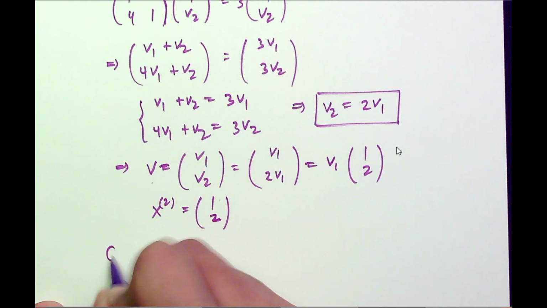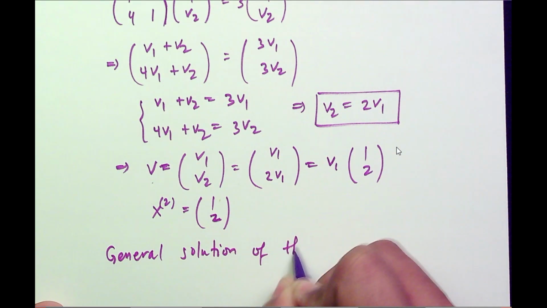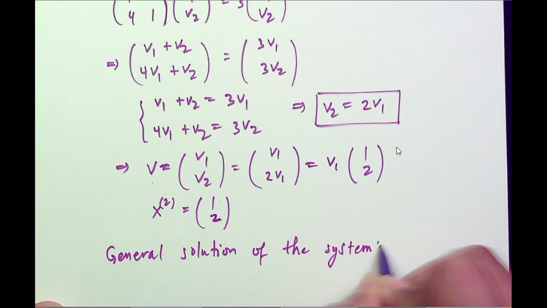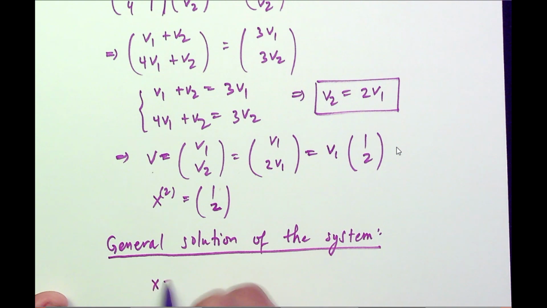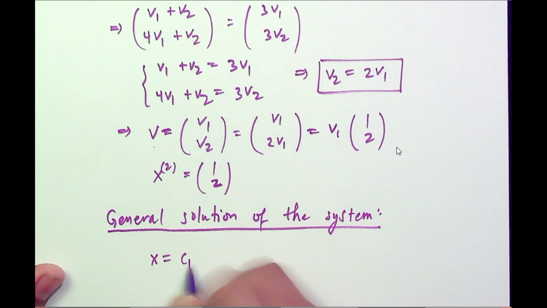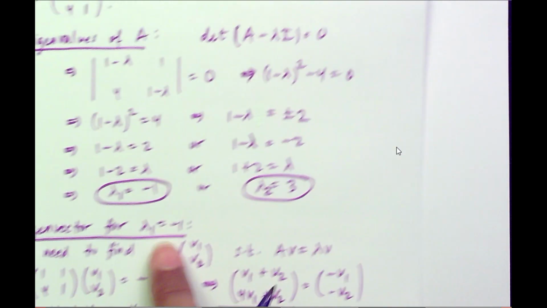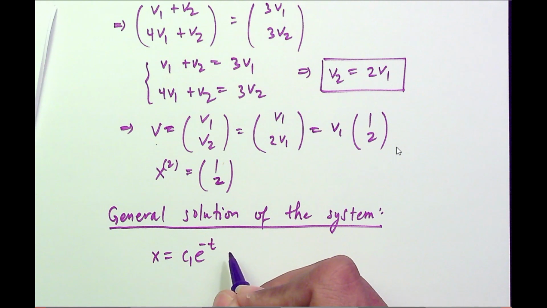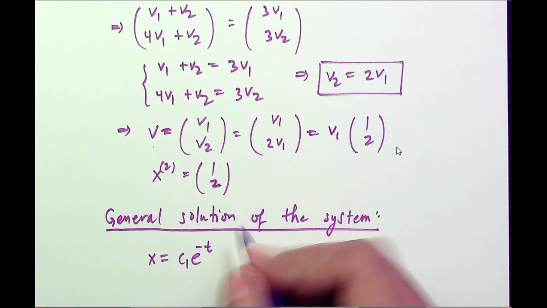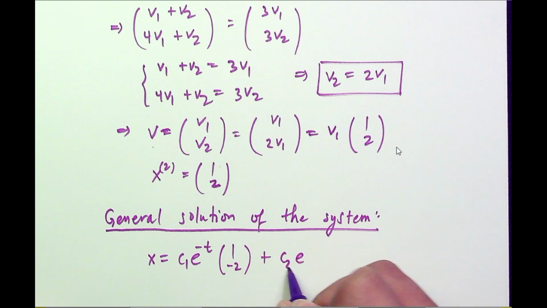Now we can write down the general solution of the system. The general solution of the system is going to be x equals c1 e to the lambda 1 t. Lambda 1, our first eigenvalue, was negative 1, so e to the negative t, times x1, the corresponding eigenvector, 1, negative 2, plus c2 e to the lambda 2 t.